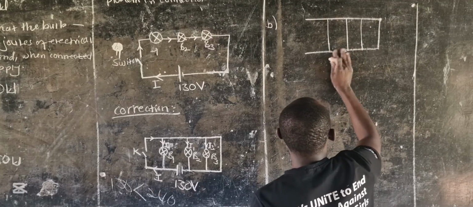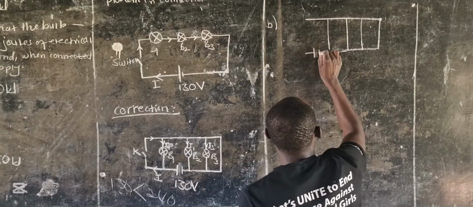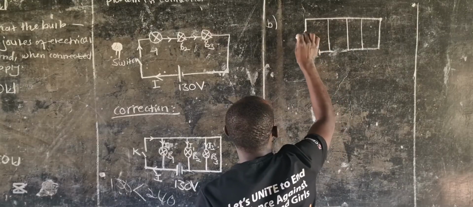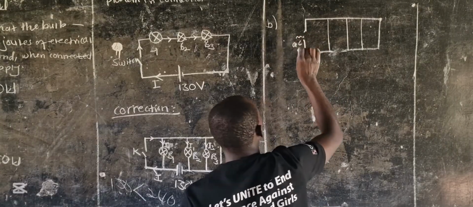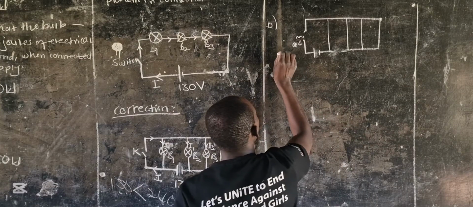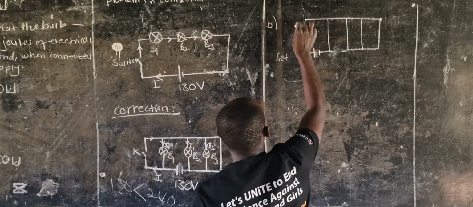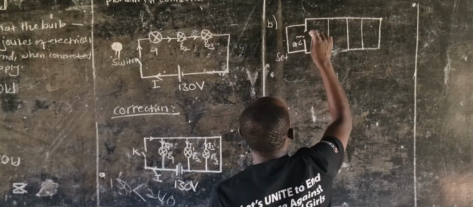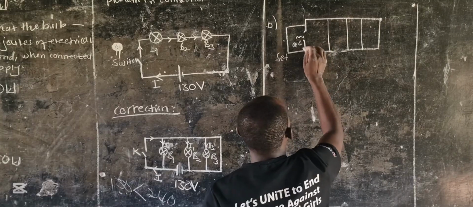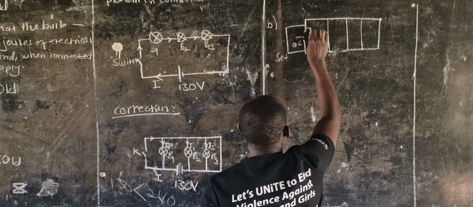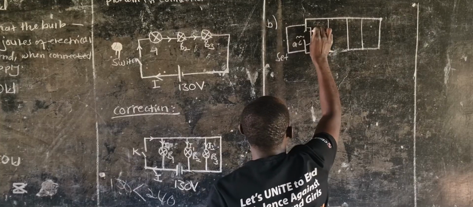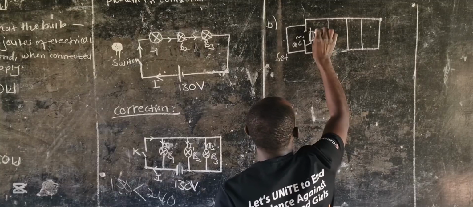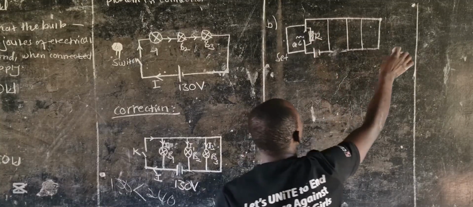So these bulbs here, we are going to connect an alternating current here. We shall connect a step up transformer around here, but we need a protective resistor that can break the circuit in case of too much power. So we shall have a protective resistor around here.